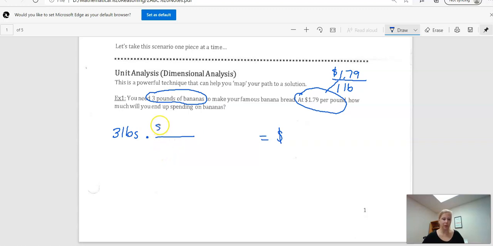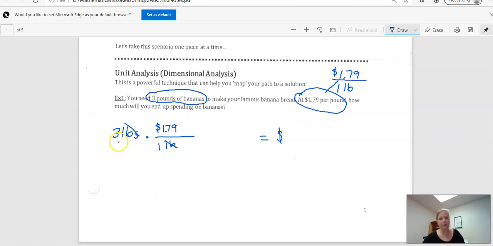So if we put the $1.79 on the top and the 1 pound on the bottom, then that's going to be good, because if you've got a unit that's the same on the top and the bottom, they're going to cancel out.